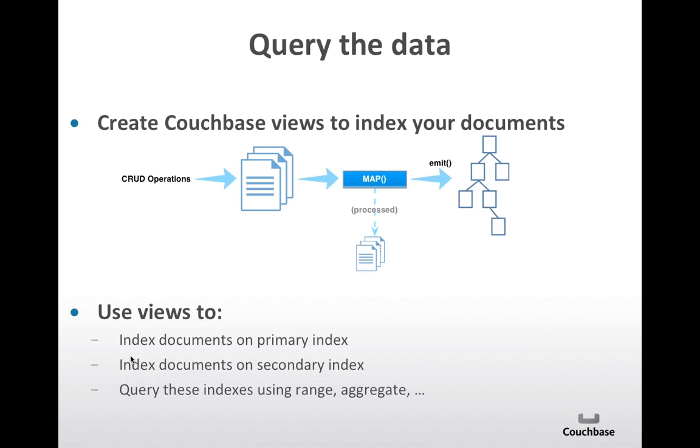And a very interesting feature that is used a lot is aggregation of the data. Counting the number of products of a specific type, for example, or calculating the average price of a specific type of product in my JSON document. And we do that very efficiently by indexing in an incremental way when you save and modify the data.